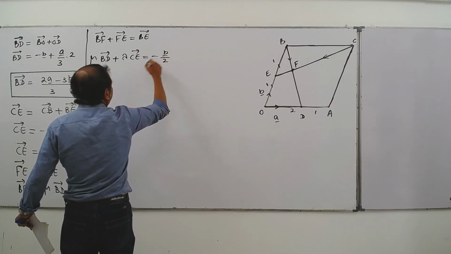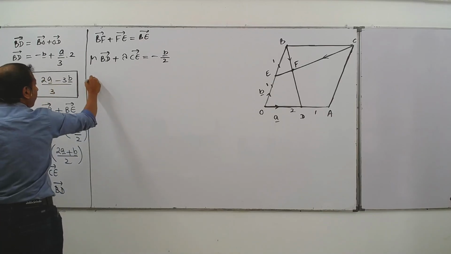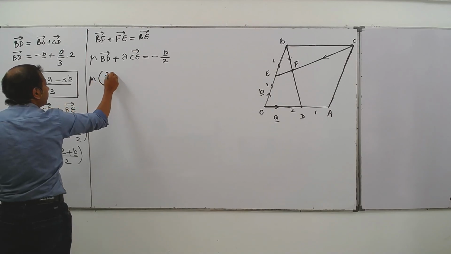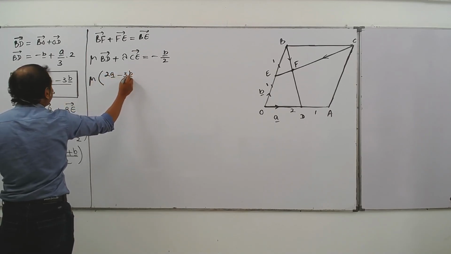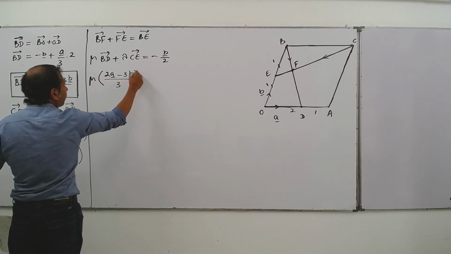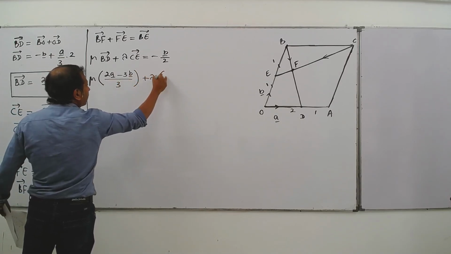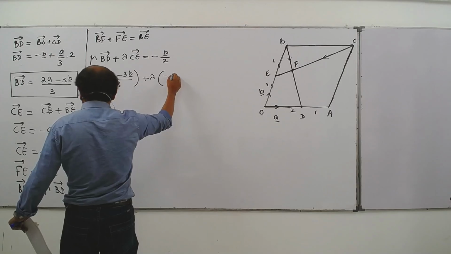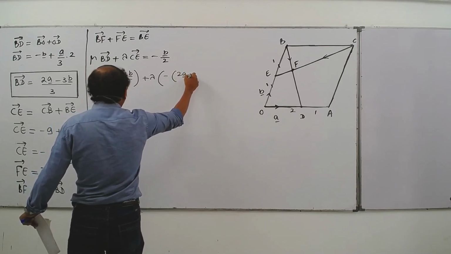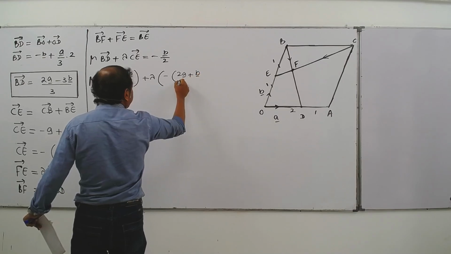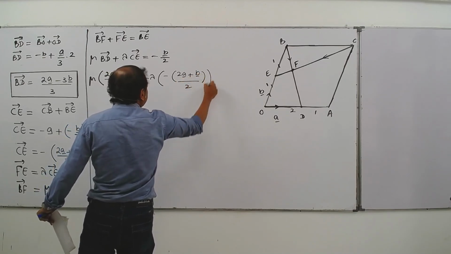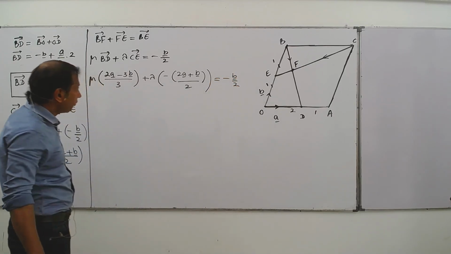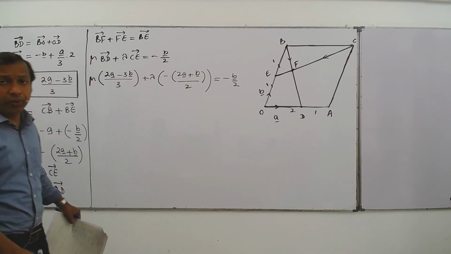Okay. Now we can substitute: mu times BD vector, which is 2A minus 3B by 3, plus lambda times CE vector, minus 2A plus B by 2, is equal to minus B by 2. Now A and B are two non-zero, non-parallel vectors, no?